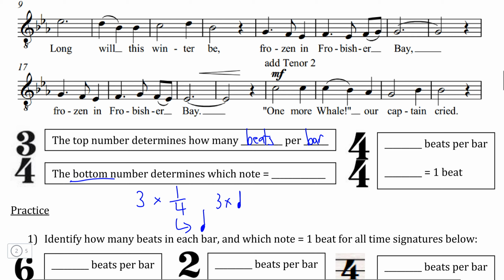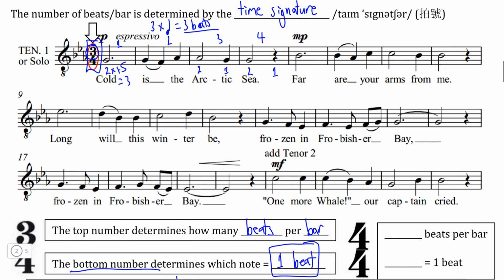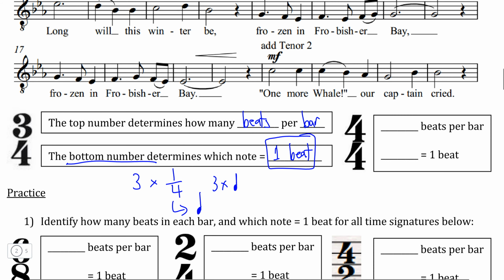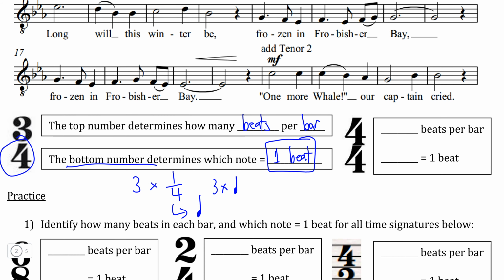In other words, the bottom number represents which note is arbitrarily decided to be 1 beat. And this is most often why a quarter note is defined as 1 beat, because the most common time signatures are all a number multiplied by 1/4, where the bottom number specifically determines what the note value is that is going to be 1 beat.